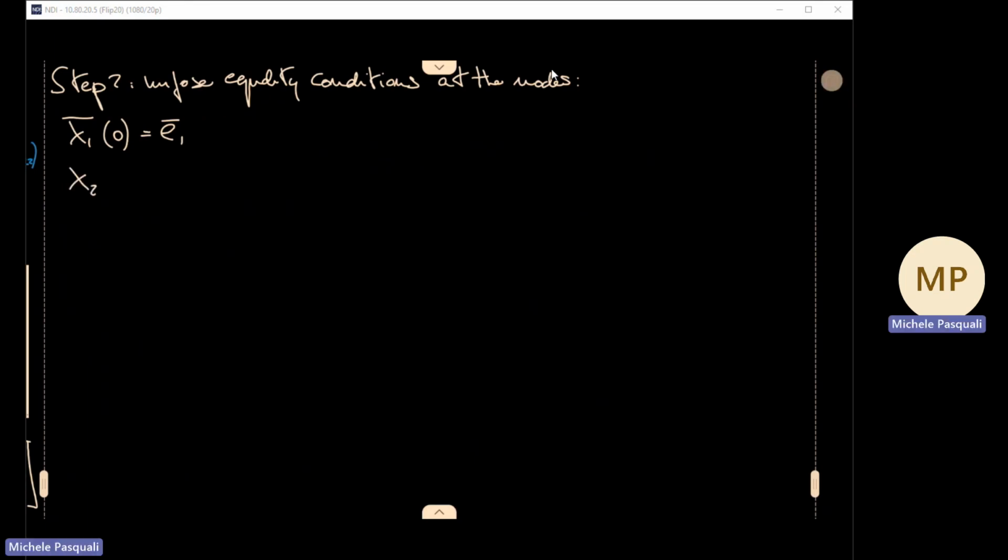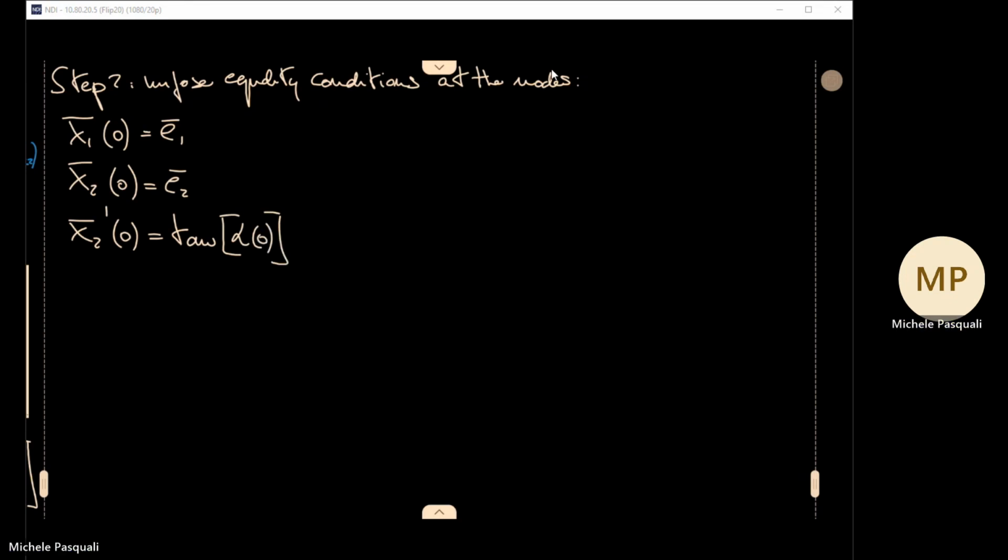Then x2 of 0 must be equal to E2 over bar. And x2 prime at 0, which is the tangent, again, of alpha at 0, which is pretty much alpha at 0, must be equal to E3 over bar. Again, here we have the small rotation hypothesis.